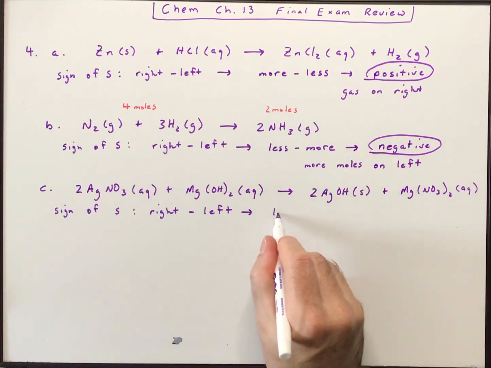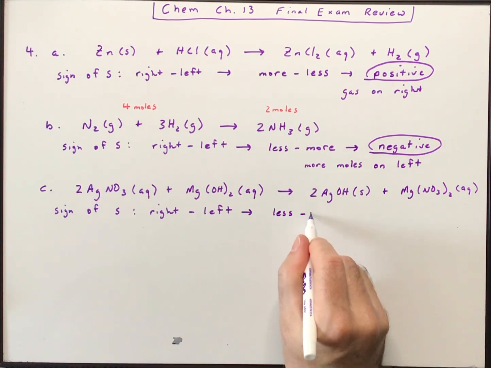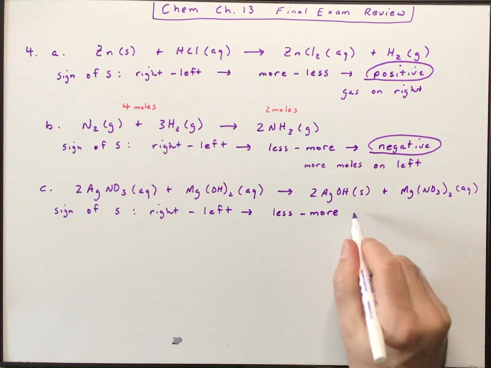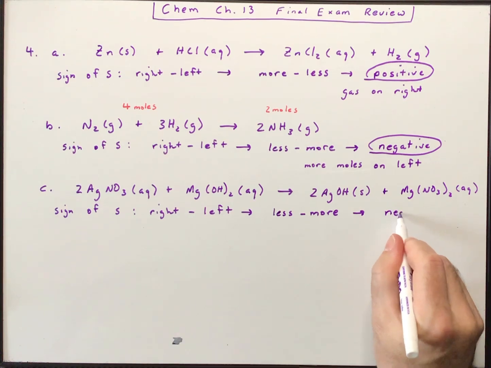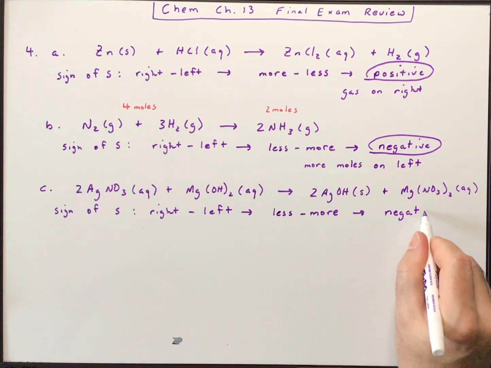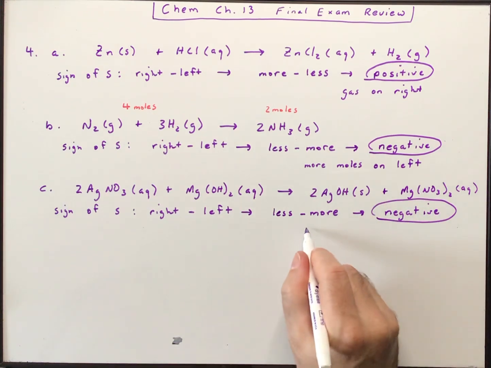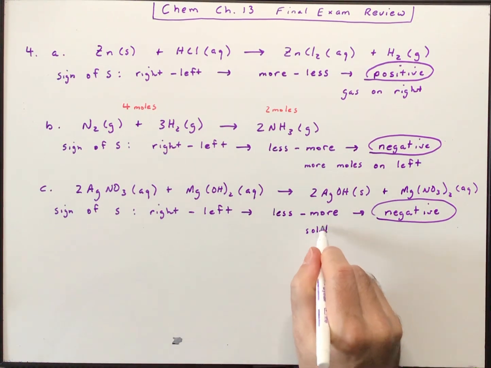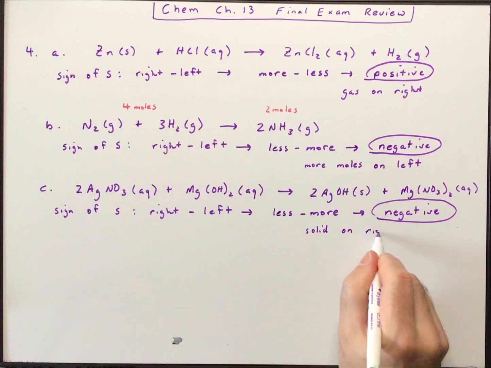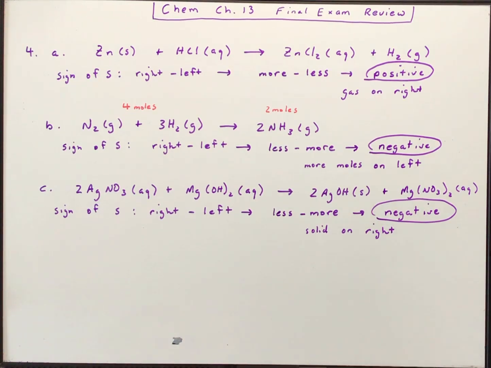We have less entropy on the right, so it's less minus more. That's going to be negative. And if you had to give a reason, you could say it's because there is a solid on the right. Okay, so that's how you do it.